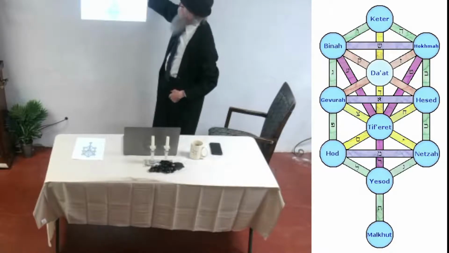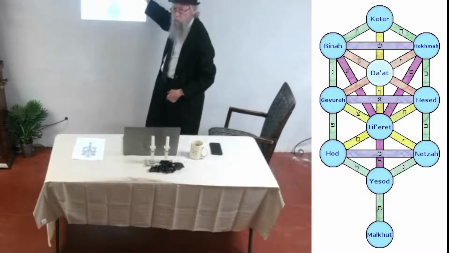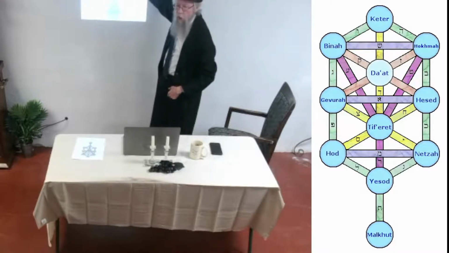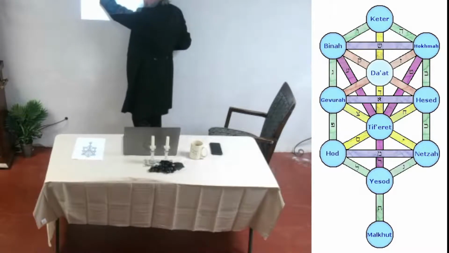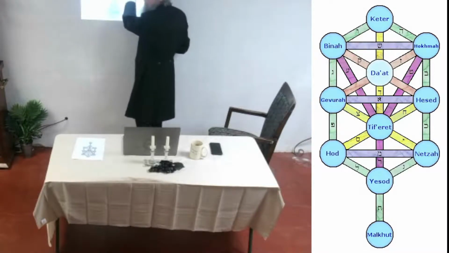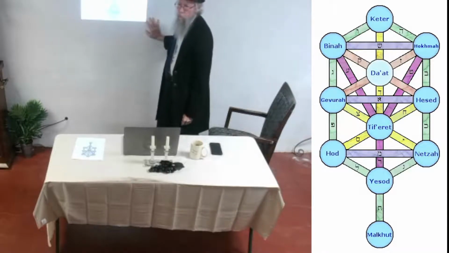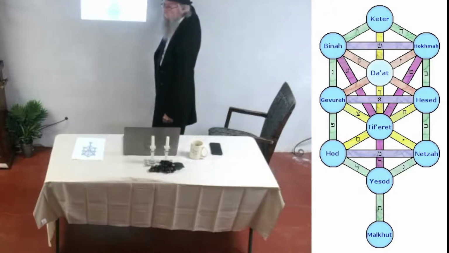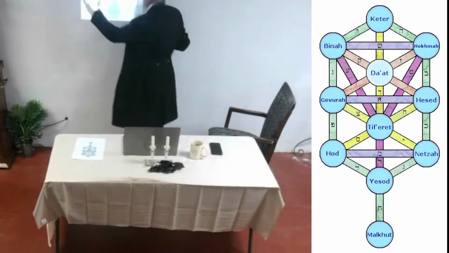This is Elohim. This side is where he is called Elohim. This side is where he is called Yud-Keh Vav-Keh. This is the judgment side. This is the mercy side. Sometimes he appears to you as this. Sometimes he appears to you as this.